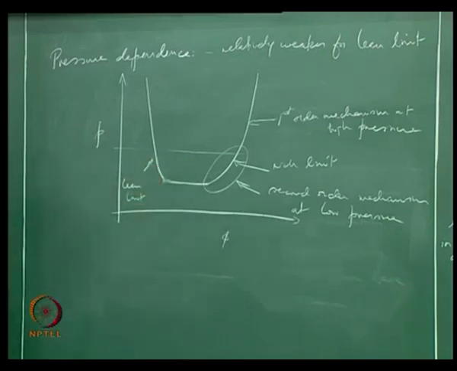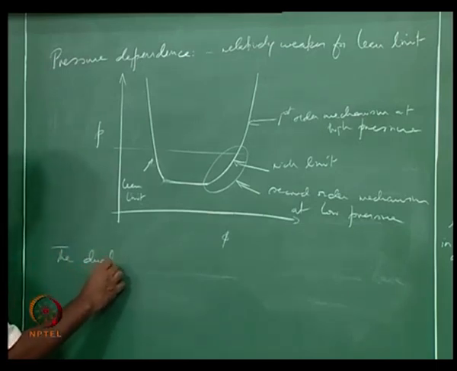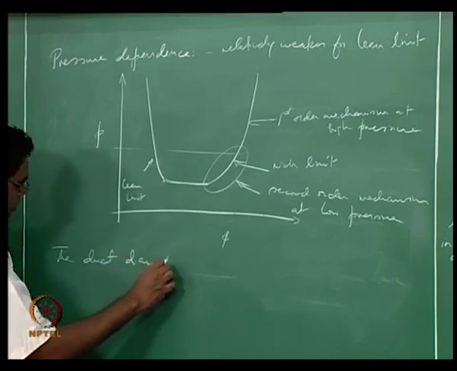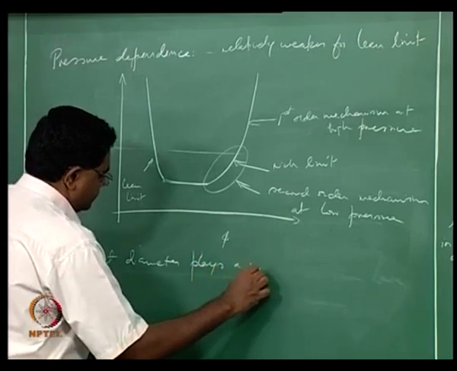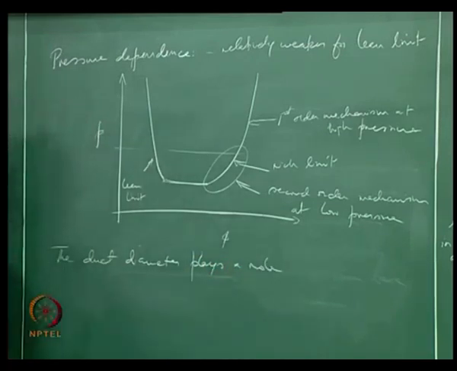And one more thing I would like to point out in these kinds of things is that the duct diameter plays a role in determining the flammability limits, typically for small ducts. So if you look at small ducts, as this diameter decreases, then you get into two problems.